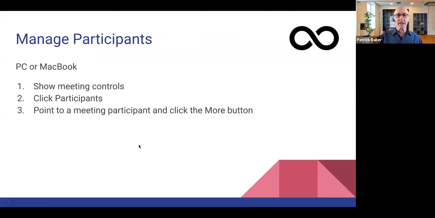So as far as managing your participants, on a PC or a MacBook, you're going to do all of this through the participants panel or tab or whatever you want to call it. You show the meeting controls, you click on participants, you can point to a specific individual in the list of participants and then click on the More button.